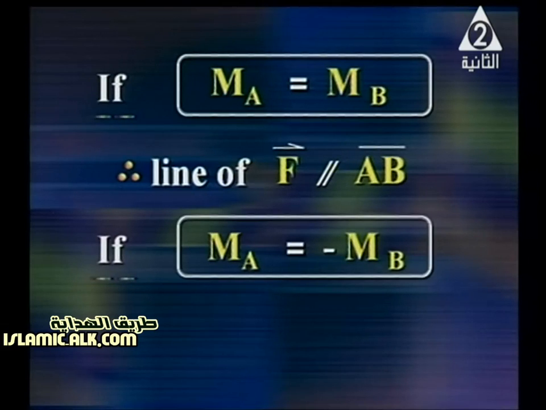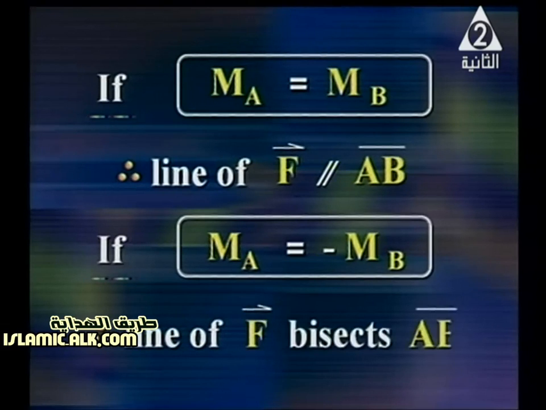Number two, if we find MA equals negative MB, the moment about B equals the negative of the moment about point A, what do you deduce? Yes, we deduce that the line of the force F bisects line segment AB. Remember, dear student, the two remarks are important. To prove that the line of the force is parallel to AB, we must prove MA equals MB.